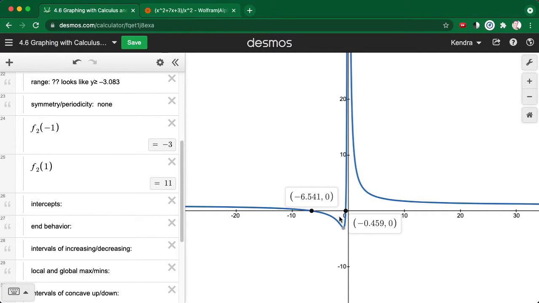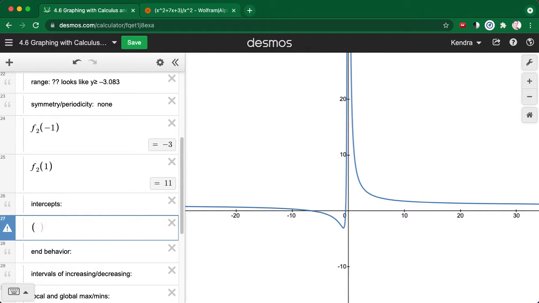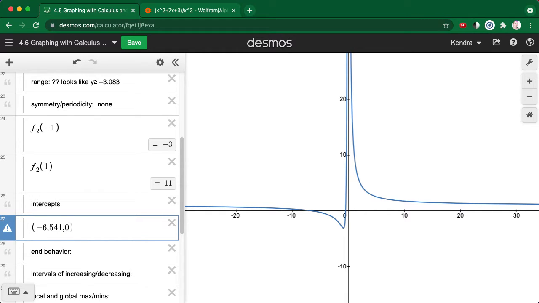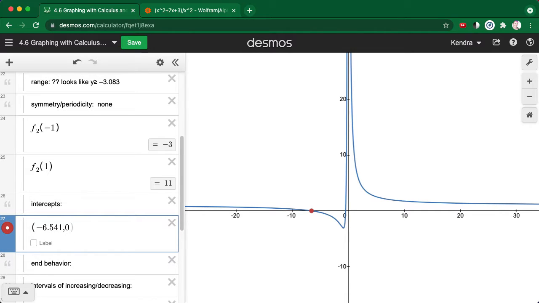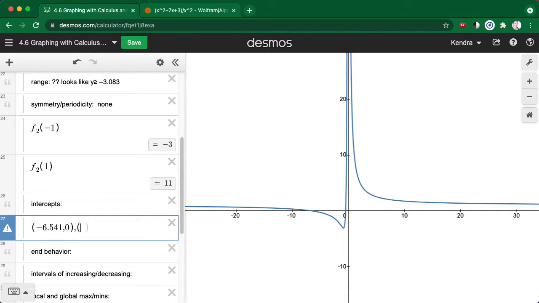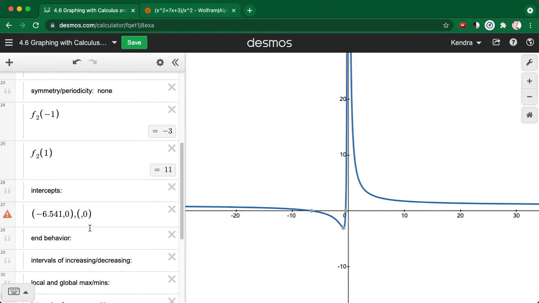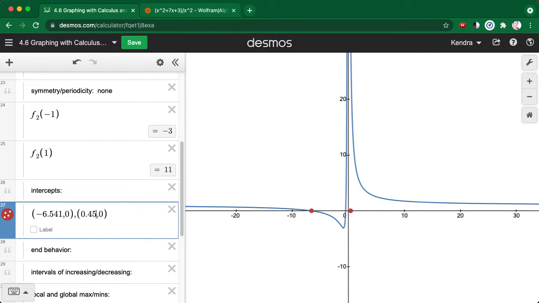So let me actually label those. -6.541 and -0.459.